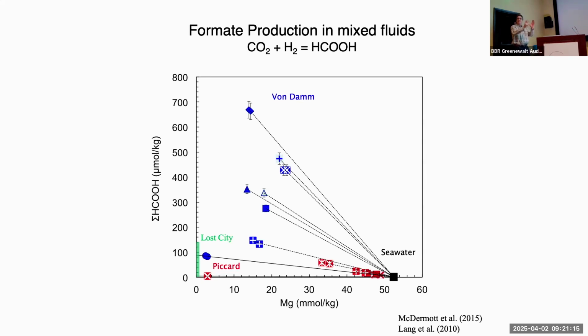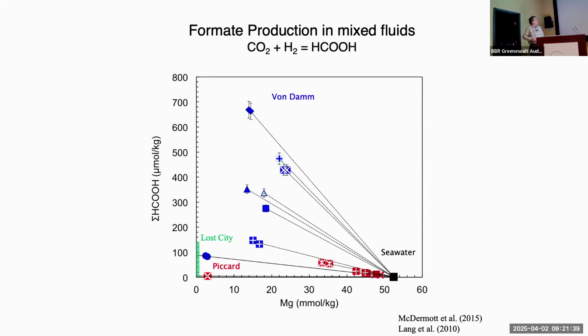What we want is really the end member, the pure fluid coming out of the vent. Of course, we never get that. We always entrain a little bit during sampling, but there's also mixing below the seafloor with ambient seawater. Fortunately, the end member fluids have 0 magnesium, so we can correct and calculate very carefully how much seawater we've entrained in the fluid.